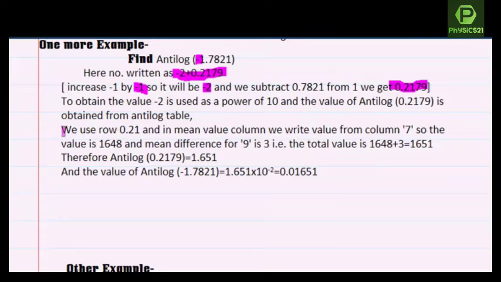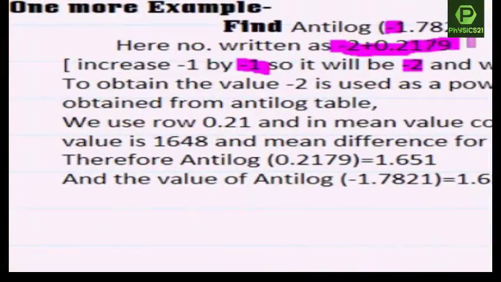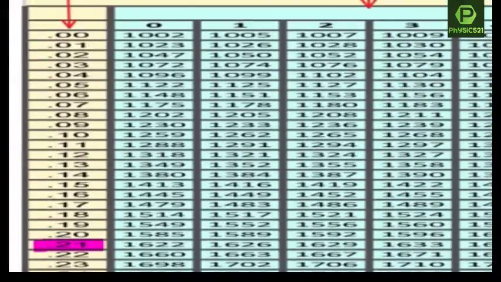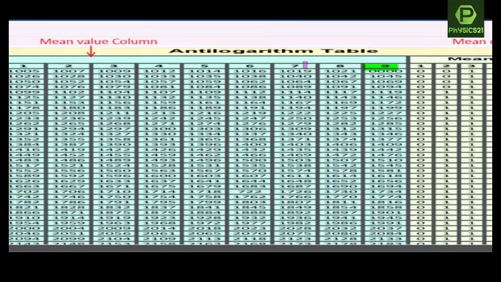We use row 0.21 in the antilog table. So here this is the row 0.21. In this row, we use column 7, because here the third digit is 7. So the 7th column will be the column to obtain the value. The value is 1648.